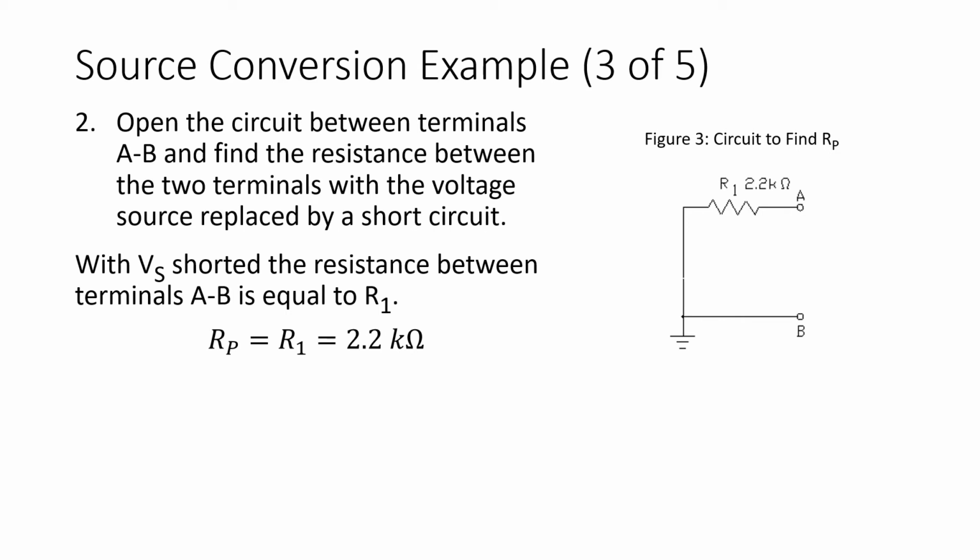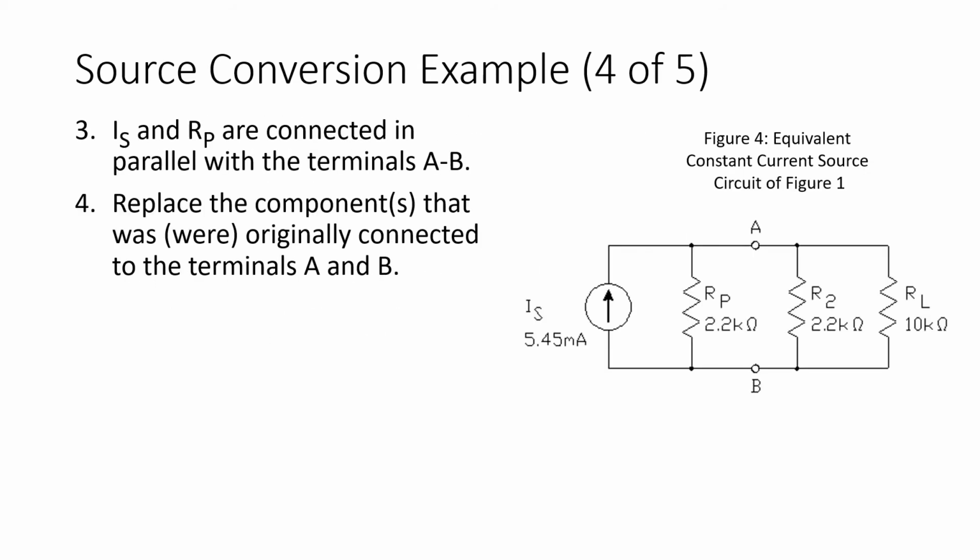So the value of Rp, the parallel resistance, is equal to R1, 2.2 k ohms. Then Is and Rp are connected in parallel with those terminals A and B, and we replace the components that were originally connected to those terminals.